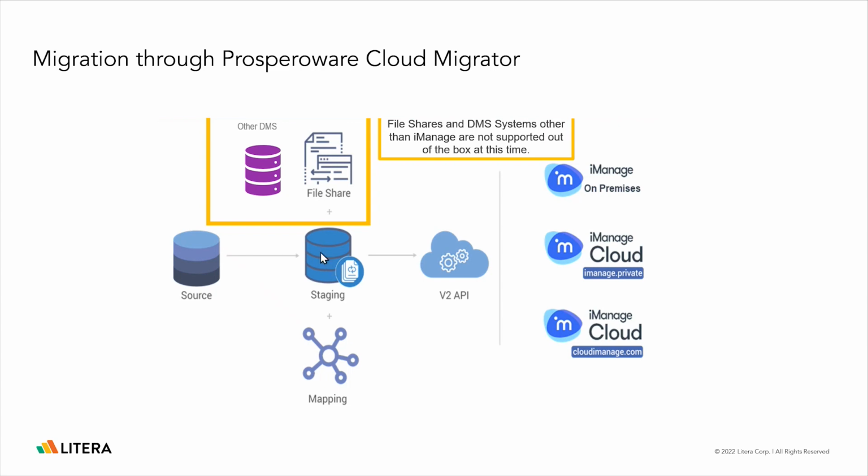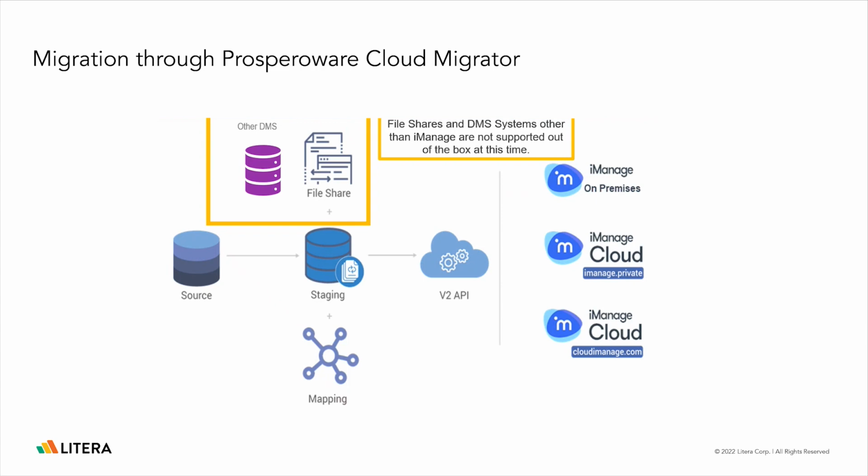And from the staging database, we're synchronizing from here to there. Most of your fixes, not all, but most of the fixes take place here. Sometimes you find something in the source and you want to go back and fix it there and then resync to staging. And that's really the beauty of Cloud Migrator, is that this process is iterative.